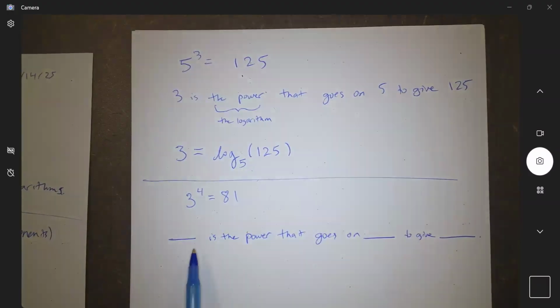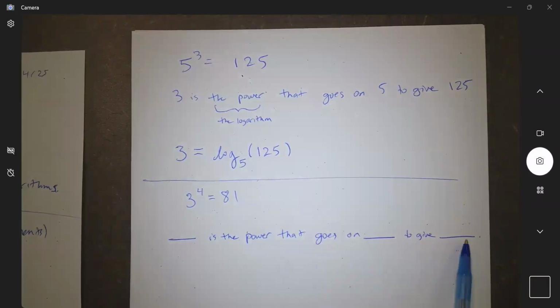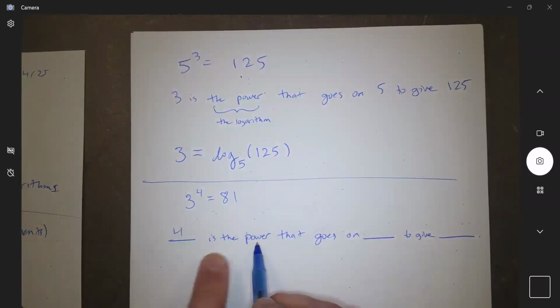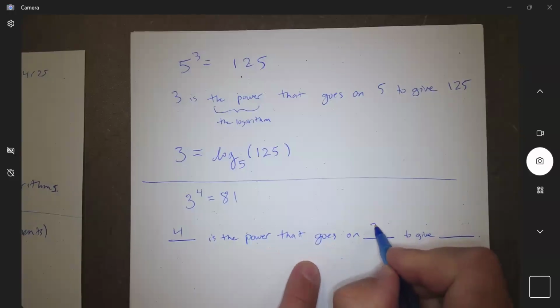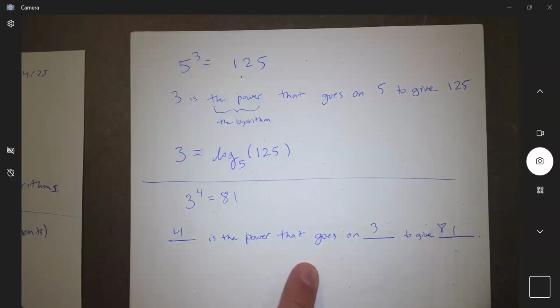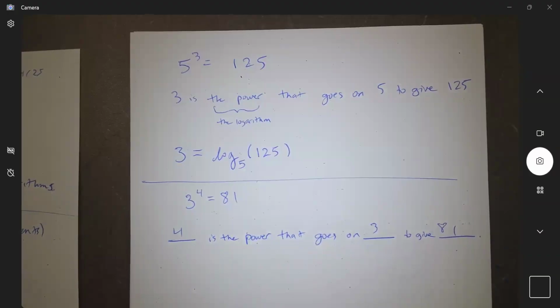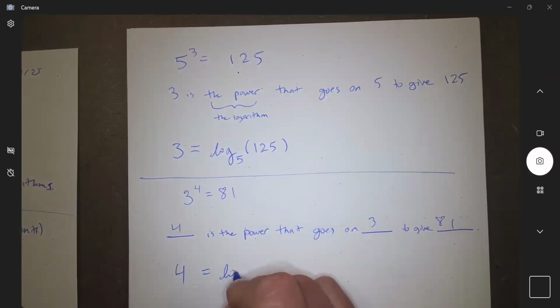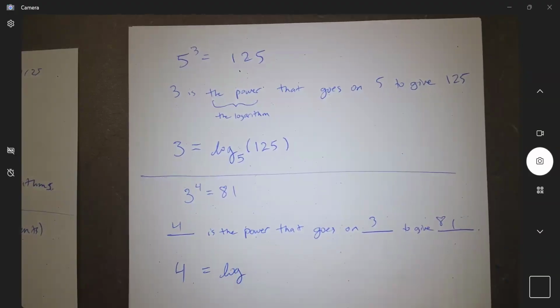All right, help me finish this sentence. Blank is the power that goes on blank to give blank. We're going to say it all together. Ready? 4 is the power that goes on 3 to give 81. There we go. Now, if we write that as a logarithm, 4 is, I write the equal sign, the power, I write the log symbol, that goes on 3, so I put 3 down there in the base, to give 81.